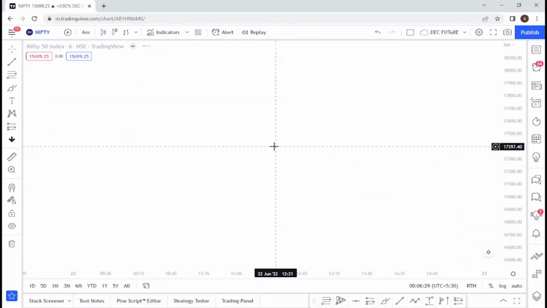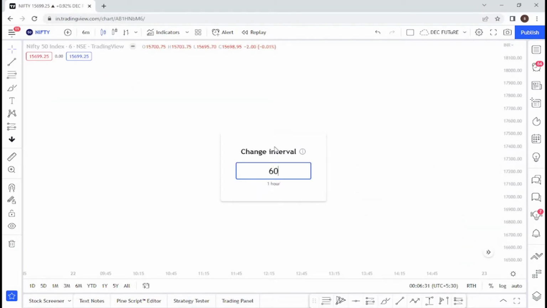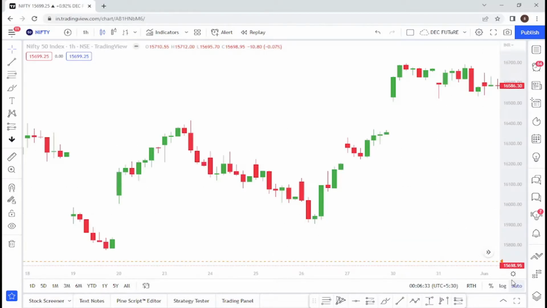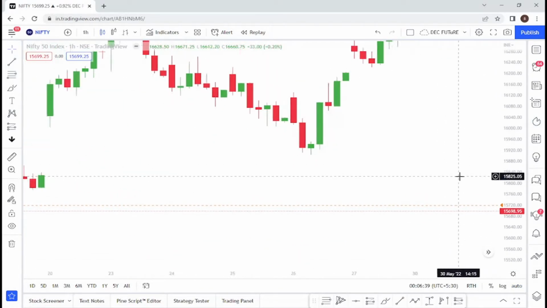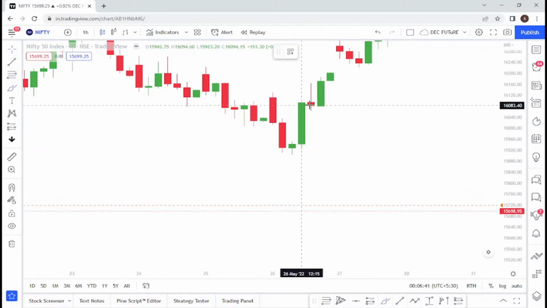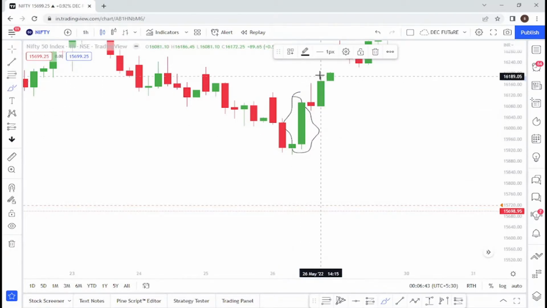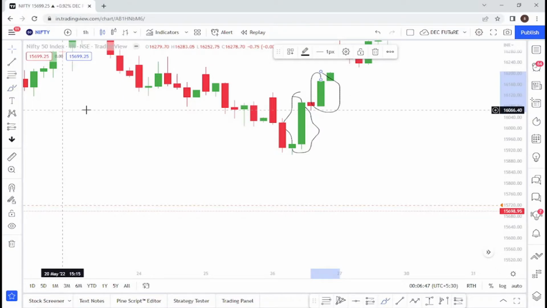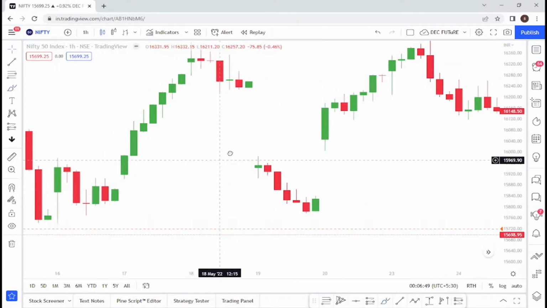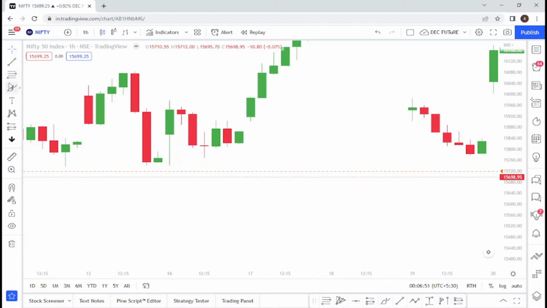Let's take 60 minutes. Now we are looking at 60 minutes. Look at this particular candle right in front of me. This becomes a green Marabozu candle or a bullish Marabozu candle, right? This particular one is called a green Marabozu candle because the price is able to go through the day. Here also we have one.